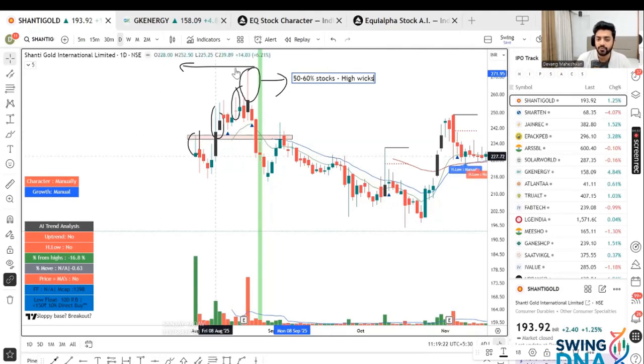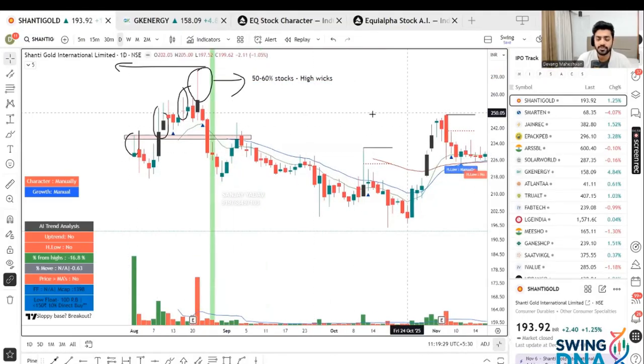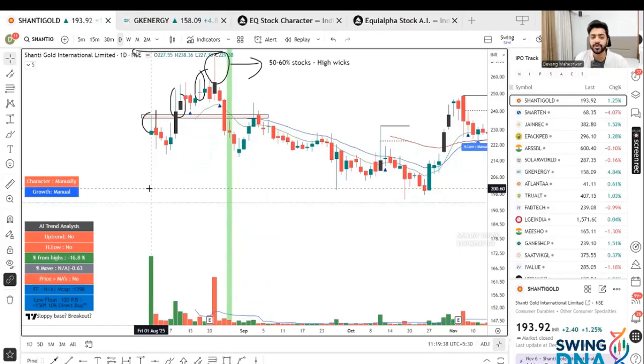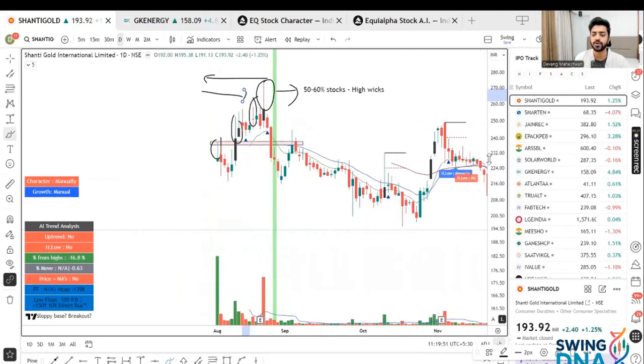They try to move up and go down, because sometimes when the stock is getting listed, it gets listed at a very good premium. You have very good demand, very good retail subscription, very good QIB. That's why it has some initial momentum left even after the initial listing. But then market forces come in and slap the stock down, and it goes into another base formation.